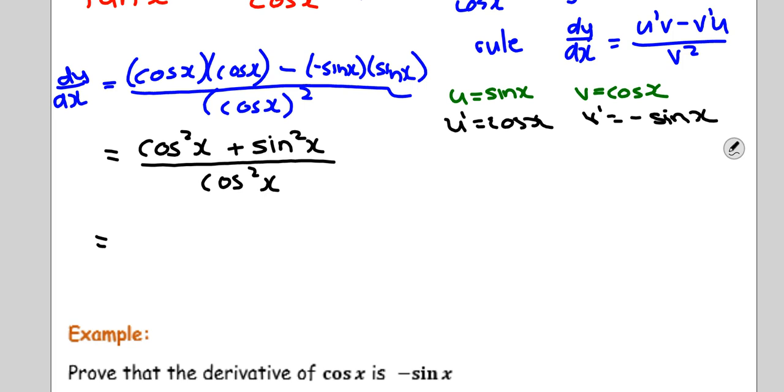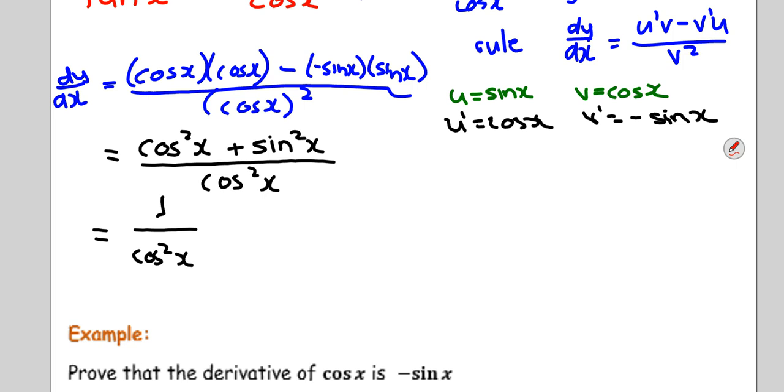Because they said already that the derivative of tan x is 1 over cos squared x. Why is that? Why do you think the whole numerator is going to become 1?